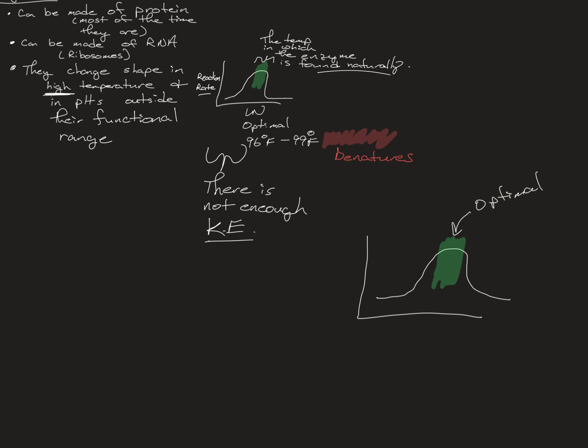If it's not the optimal range, then there's denaturing on both ends. Because if the pH is too low or too high, then the hydrogen bonds are broken and the protein unravels. So here there's denaturing on both sides with pH.